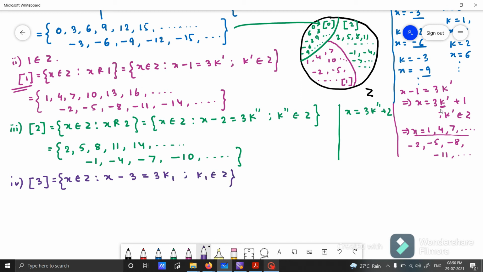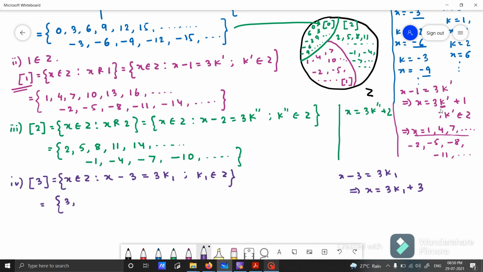Now again let us see which are the elements. Here we have x minus 3 equals 3k1, so that implies x equals 3k1 plus 3. Let's put the values of all the integers one by one for k1. If k1 is 0, then you get 3.